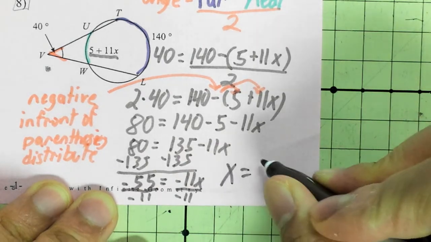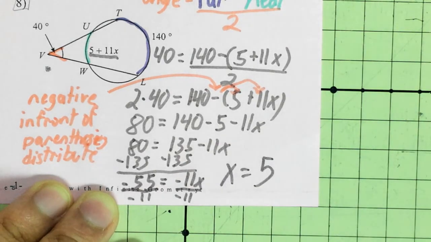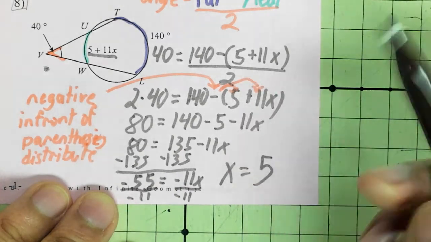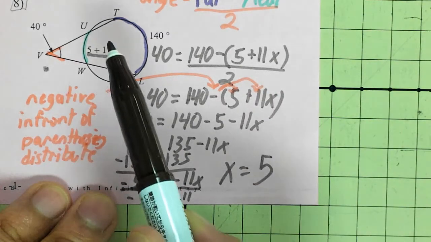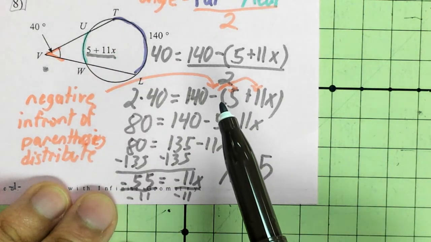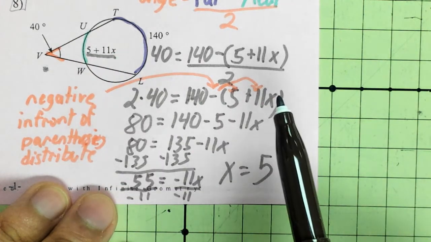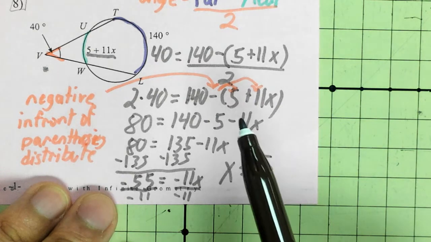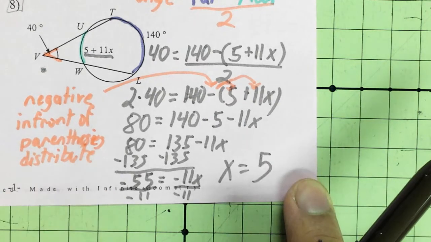That x equals 5. So be careful about subtracting that near arc. This entire near arc needs to go in parentheses. So we end up having a negative in front of a parentheses that you then have to distribute. Alright, moving along.